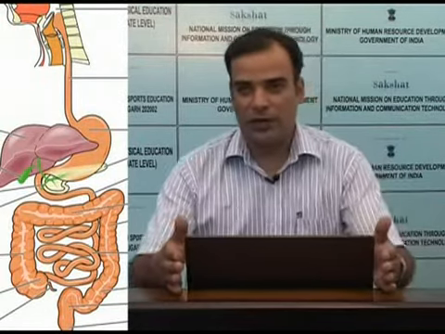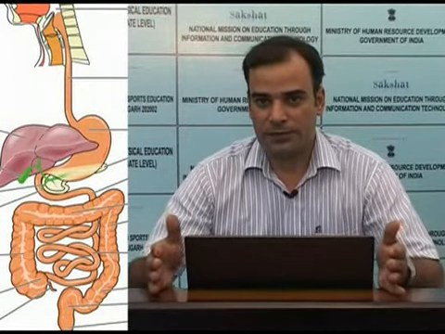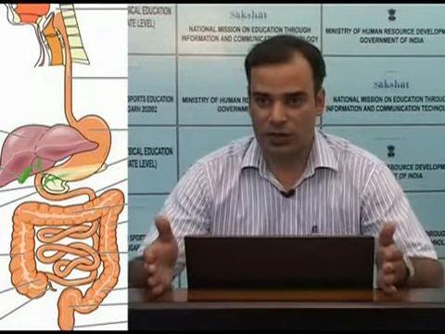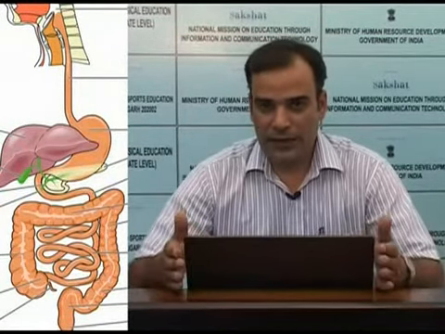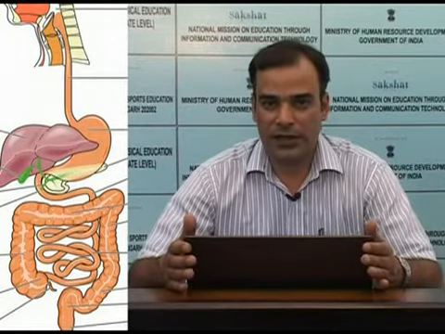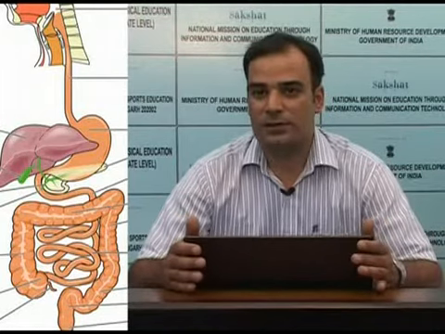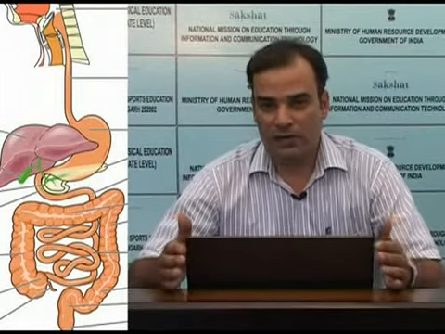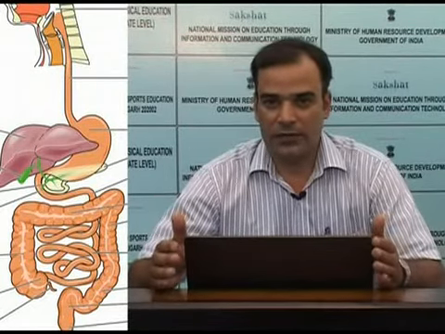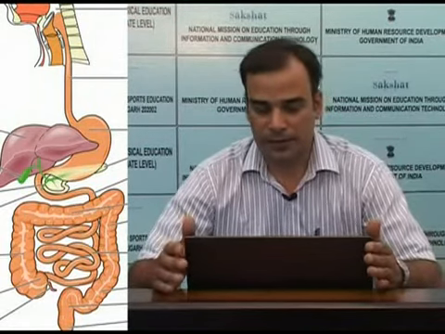Now, the parts of the digestive system can be divided into two broad categories: primary digestive organs and accessory digestive organs. Primary digestive organs are the mouth, pharynx, esophagus, stomach, small intestine and large intestine. The small intestine is further divided into its first part, the duodenum, then the jejunum, and the terminal part called the ileum.